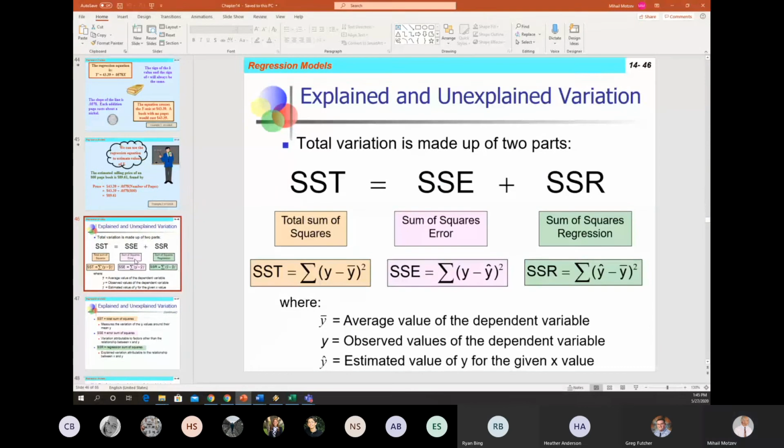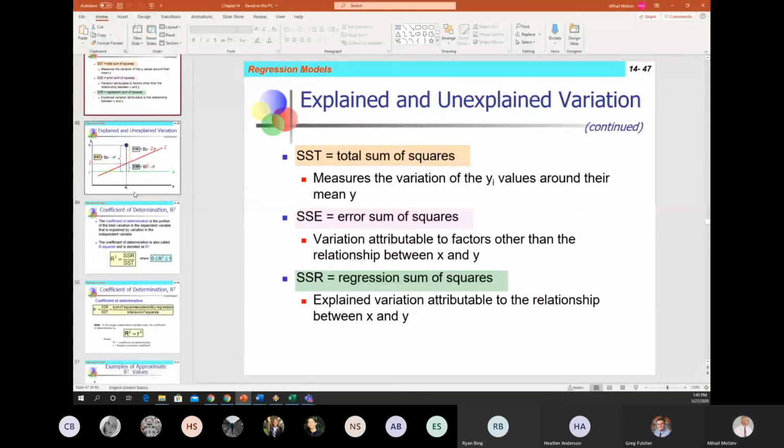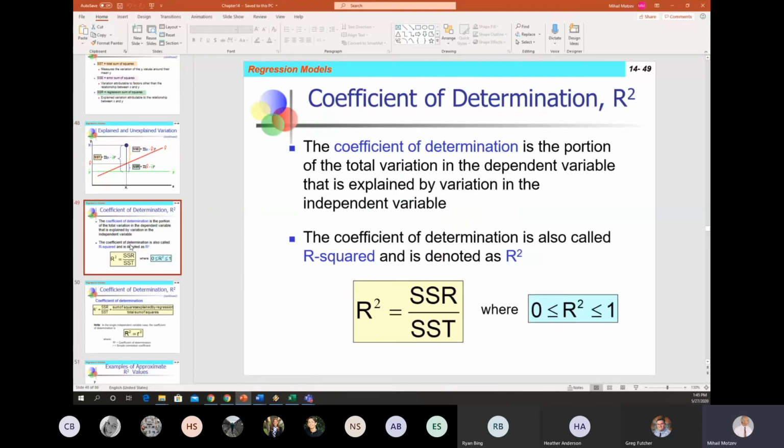All right, let's return again to the point of explained and unexplained variance. We said that we applied the knowledge from analysis of variance, and we have explained and unexplained variance, and the total sum of squares. The explained portion we can measure with the ratio between explained and unexplained variance.